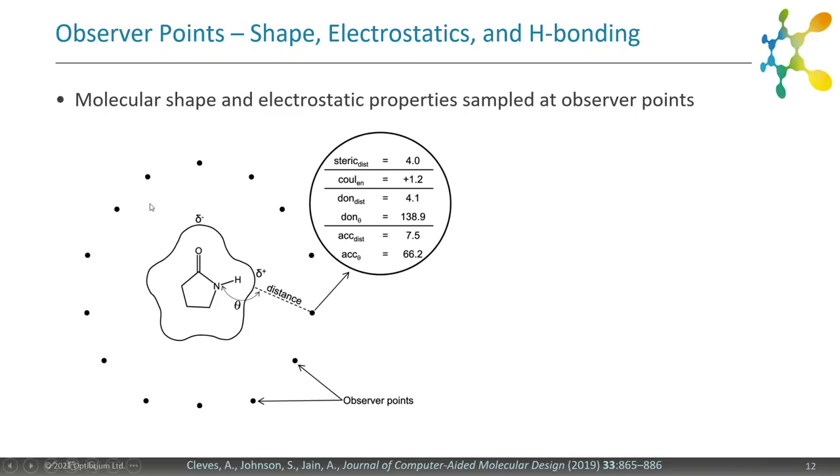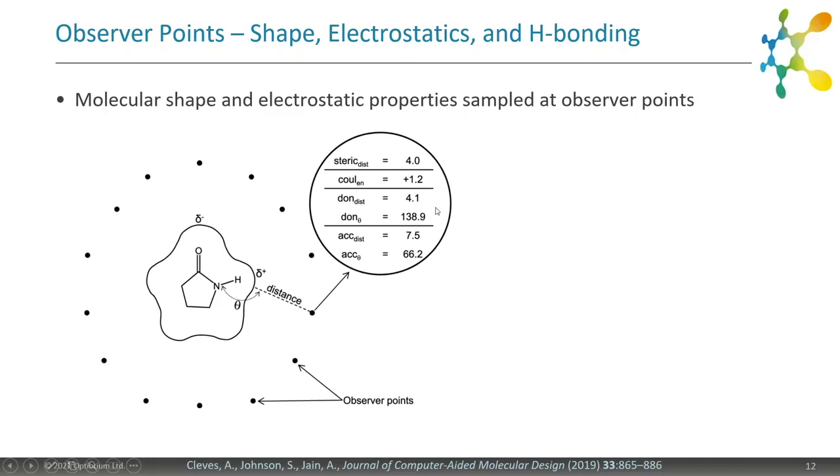And at each of those observer points, we look at 6 properties: steric and coulombic interactions, as well as the distance to hydrogen bond donors and acceptors, and the angle that obtains from the observer point through that hydrogen bond.